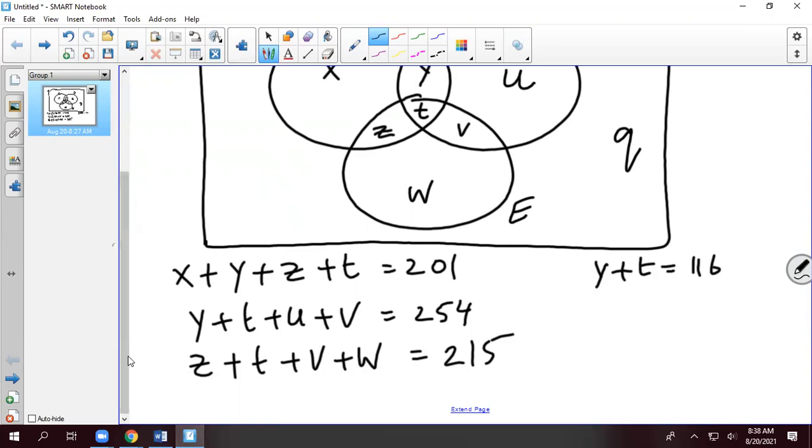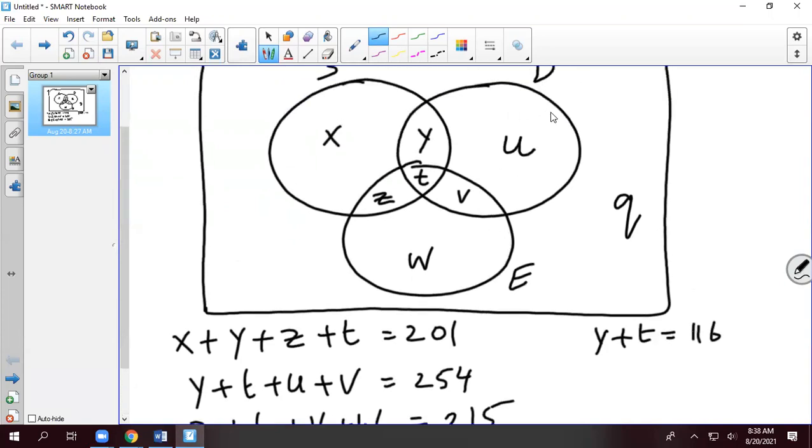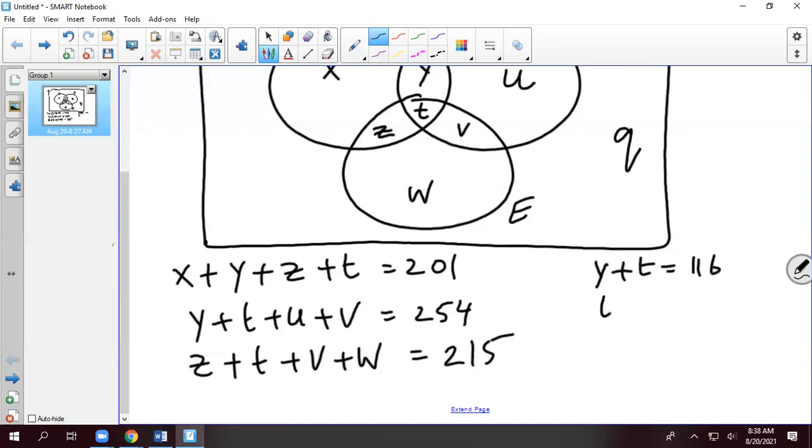Eat between meals is the bottom circle, drink is the right circle, and the common part is T plus V. T plus V is equal to 80.